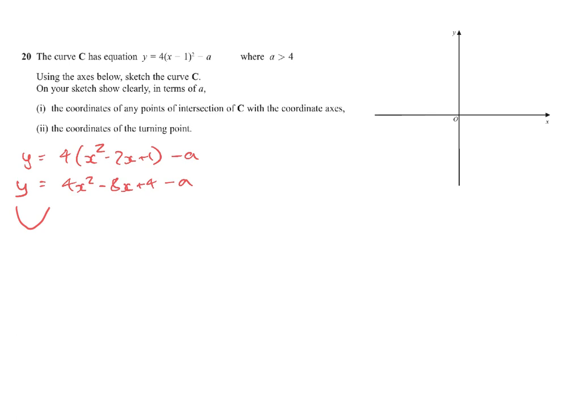Now we want the minimum point of this. Go back and look at the actual equation, because they've already done some work for you. How can we make this as small as possible? Well, this bracket here would need to be equal to 0. If x was equal to 1, we would have 1 minus 1, which is 0. 0 squared is 0, and times by 4 is 0. So we would have just minus a.